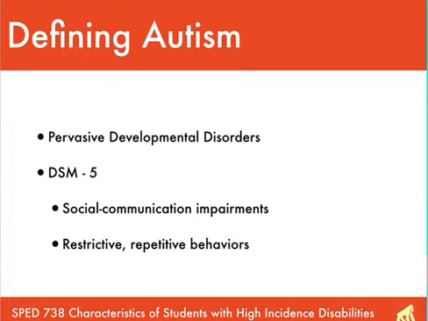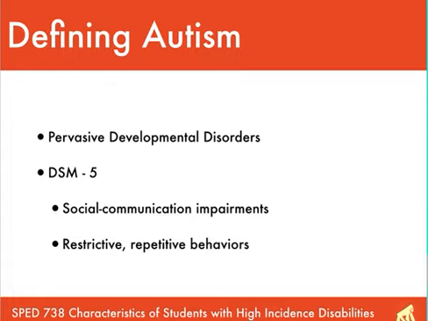Usually when they reach 2, 3, 4, parents start to notice differences. They start to become involved in the infant-toddler process, and testing is suggested for them. This is done typically by a physician because they're looking to see if these students have very specific criteria that must be present to be identified as autistic or as having a pervasive developmental disorder.